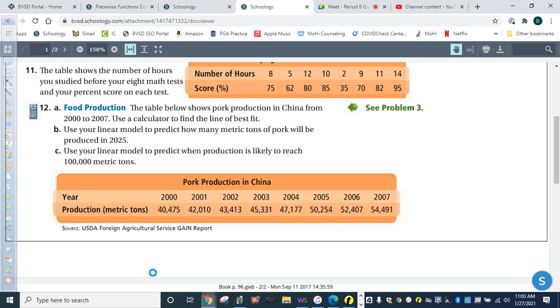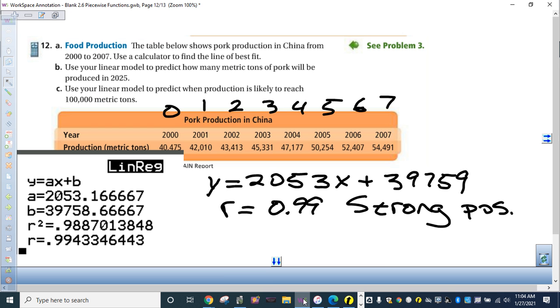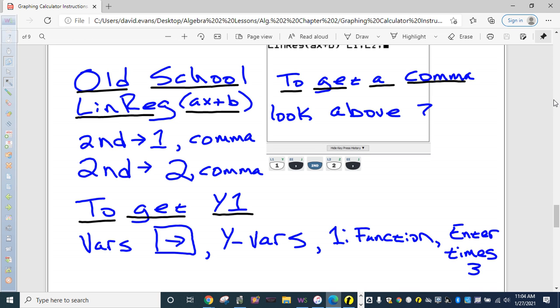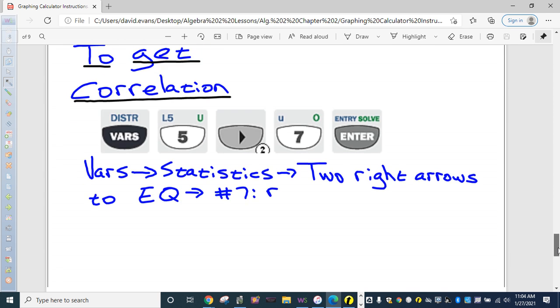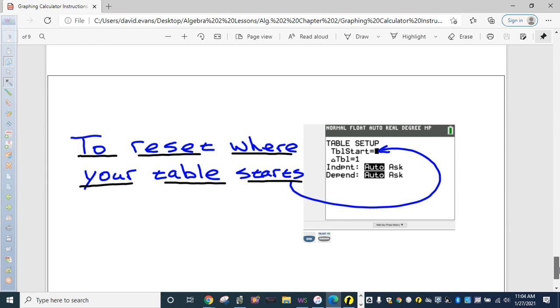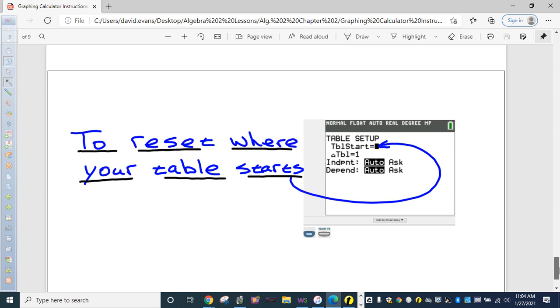Okay, so we're still finishing this problem. They asked us to predict in 2025. So given that year 2000 is 0, year 2025 is 25. Again, following our calculator directions here, we already got correlation automatic. Now we need to reset where the table starts.